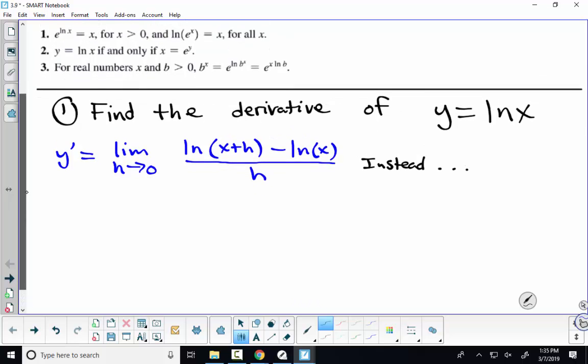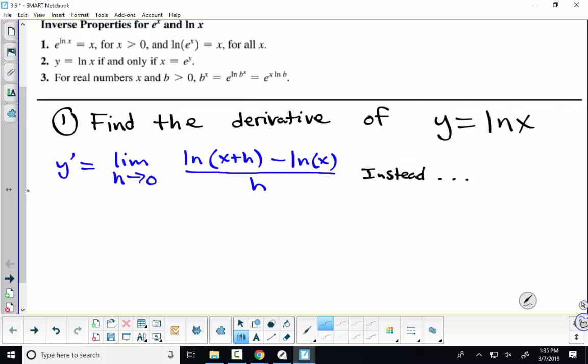what we'll use is the fact that if y is equal to the natural log of x, what's an equivalent way to write that equation? Just from an algebraic standpoint, if y is the natural log of x, the equivalent way to state that is, y is the natural log of x if and only if what's true?